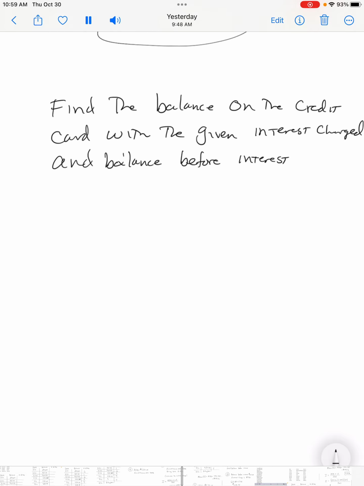Awesome. Find the interest charge and the balance before interest. So let's go grab one. Let's grab number 22.